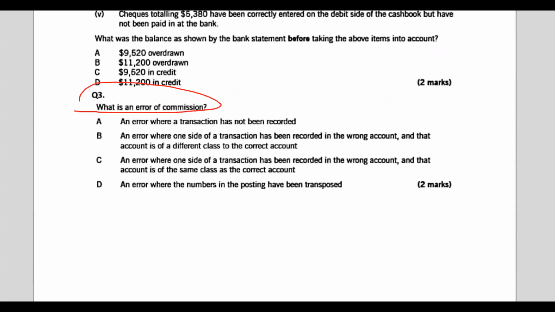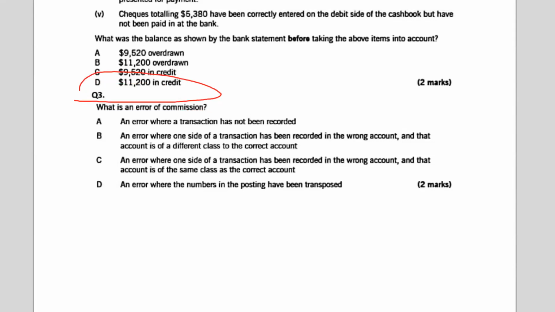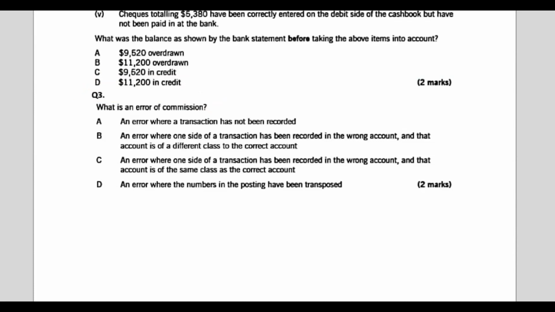Errors of commission. These are amounts that are correct, but they're entered in a wrong person's account, in another account.